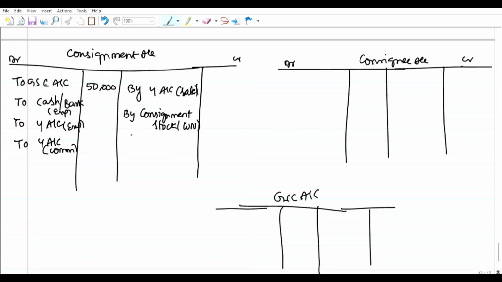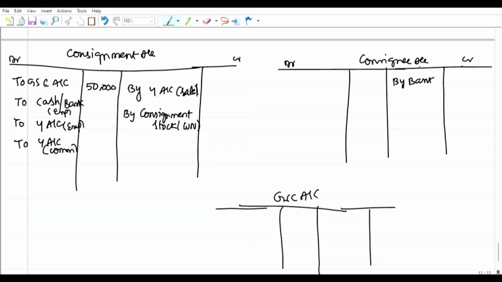So by bank account, let us write it here. As they have mentioned the 3 months date, by bills receivable account we can write that, like a bill, of 30,000 rupees. We have seen that, right? Simple. If you know the consignment account, you can write the consignee account simply.